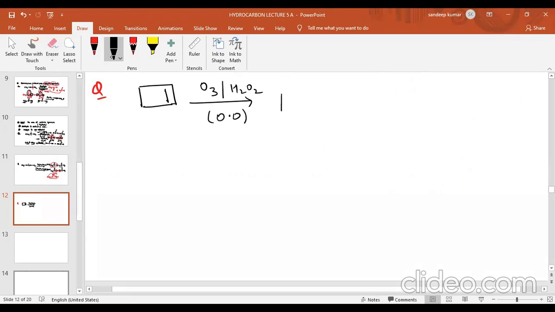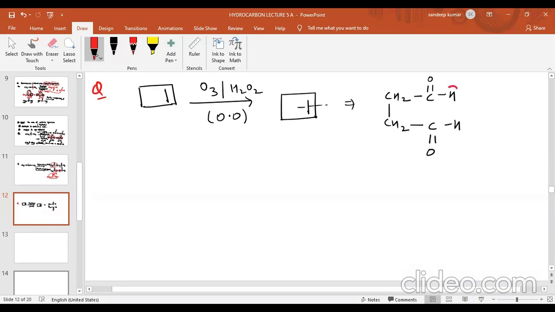So first break the bond. When we break the pi bond, the bond will be breaking this way. So first step, this is CH2. This is also CH2, and this is C double bond O and H, and this is also C double bond O and H. As we know, this reaction will not stop at this point. Why? Because there is a hydrogen atom attached with C double bond O. There is also a hydrogen atom with C double bond O. Now these two hydrogen atoms will be oxidized.